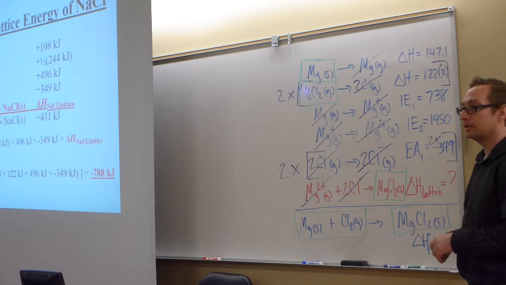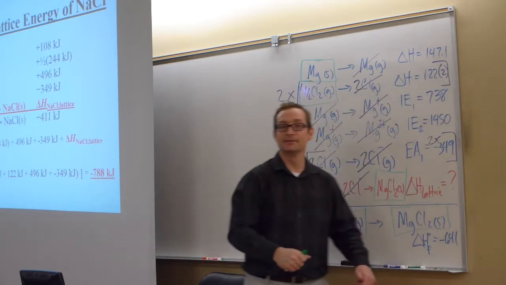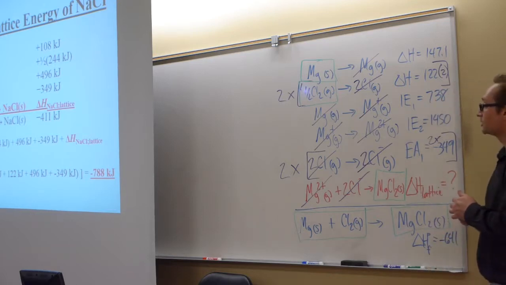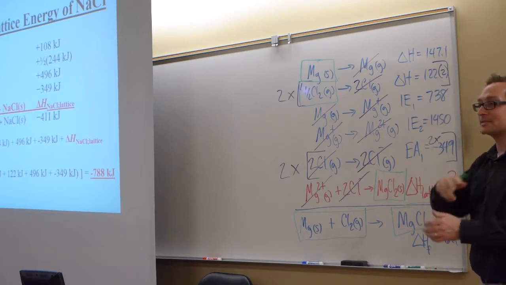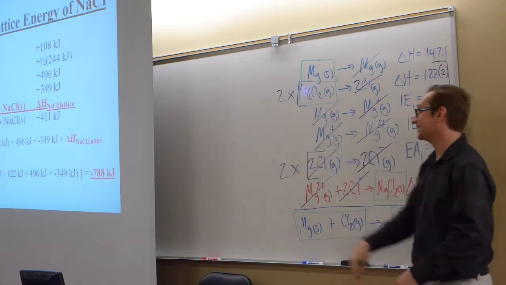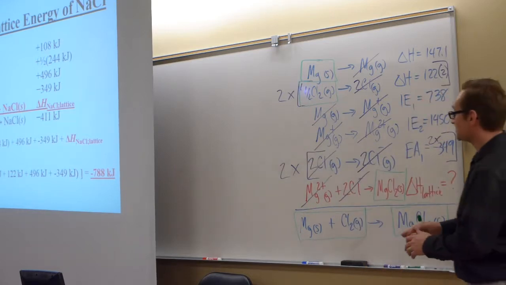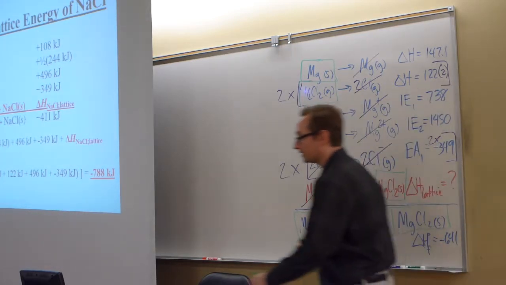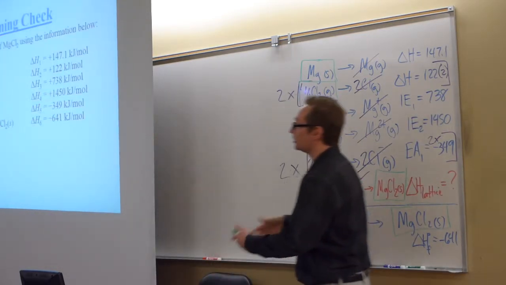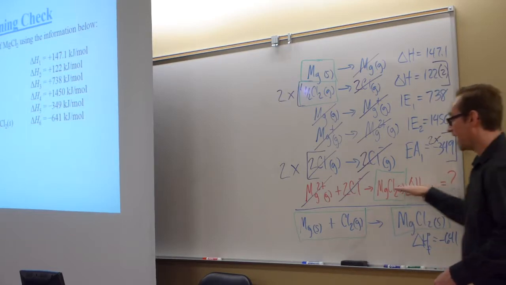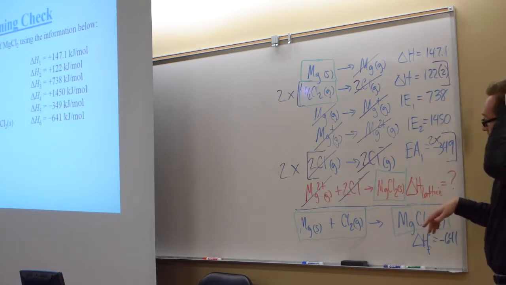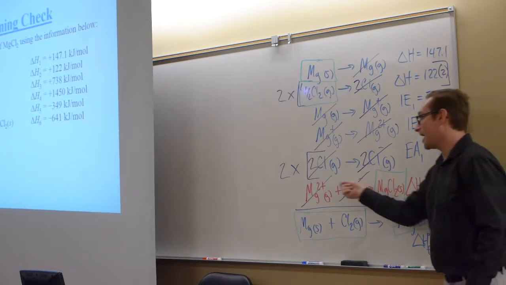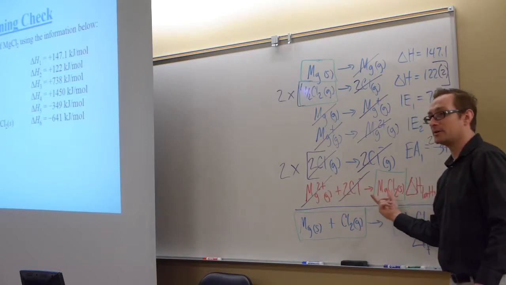So, instant replay. Let me walk backwards. Rewind. Like watching a football play backwards. Anyway, we wrote out all of our steps. It gave us all the steps except for the actual lattice energy equation. We wrote the lattice energy equation based on our knowledge that the cation and the anion are coming together to form a salt.